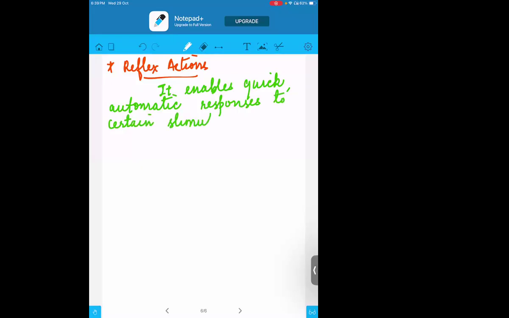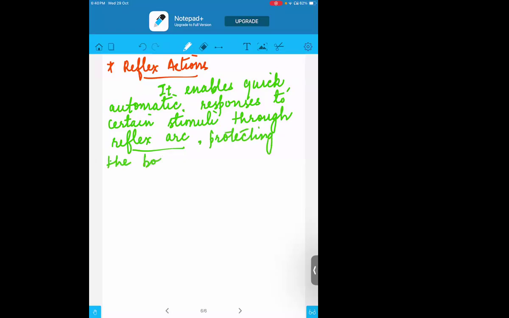Whatever the stimulus, whatever the changes, they bring quick responses through the reflex arc. Reflex arc means the whole process or pathway through which we do this. Because of it, we protect the body from harm. So this is used basically to save ourselves from harm.